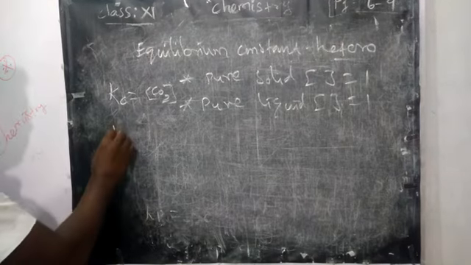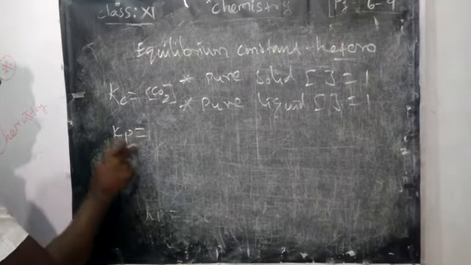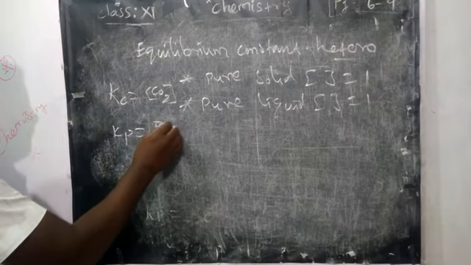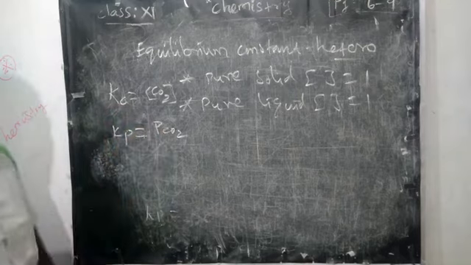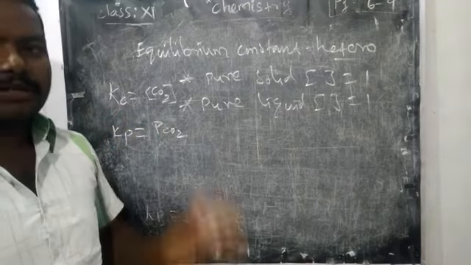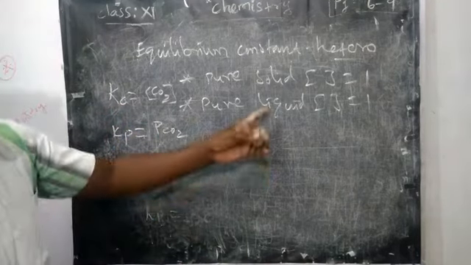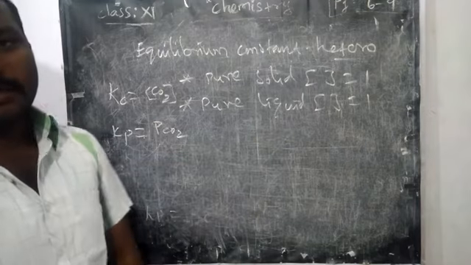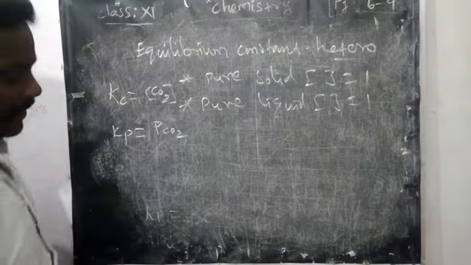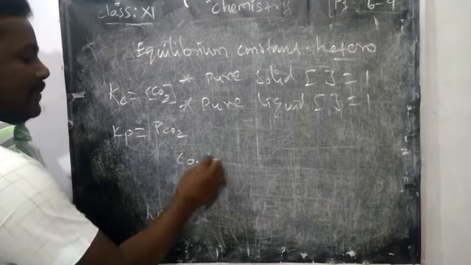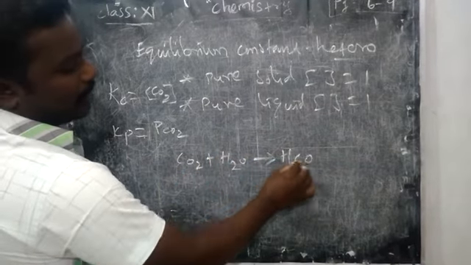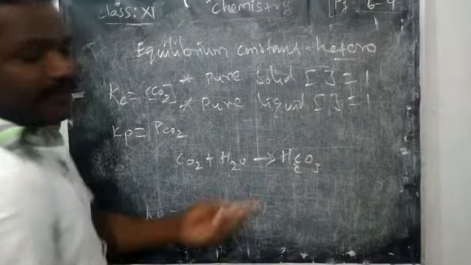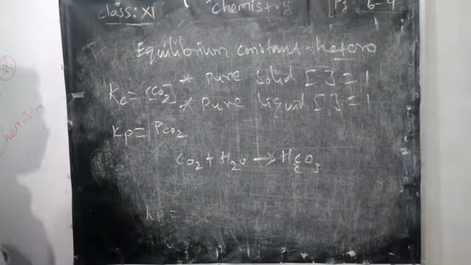This reaction, if you want to modify for Kp, it is P of CO2, right? Kc value and Kp value both only depend upon CO2, independent of calcium oxide as well as calcium carbonate. Next, carbonic acid formation. It will form H2CO3, or we can write H plus and HCO3 minus.